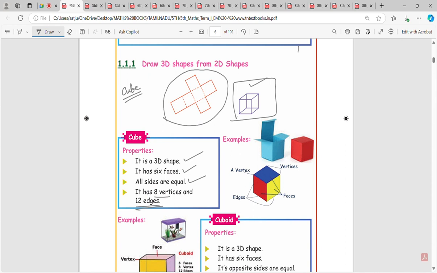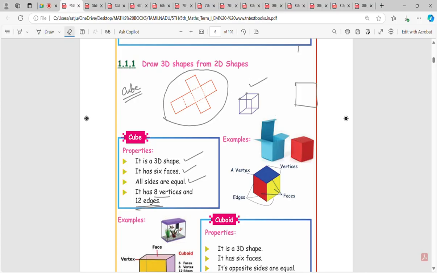Let me tell you what vertices and edges are. Now try to understand, these points you can call vertices. Above you have 4 and in the bottom you have 4, so there are 8 vertices.